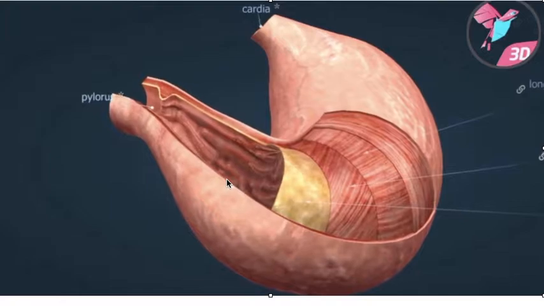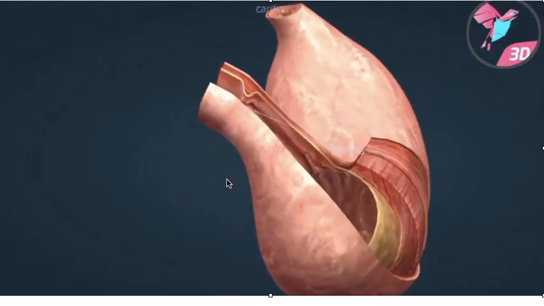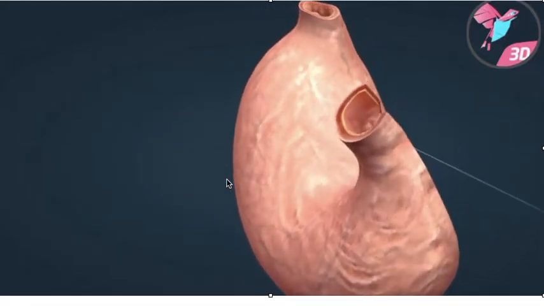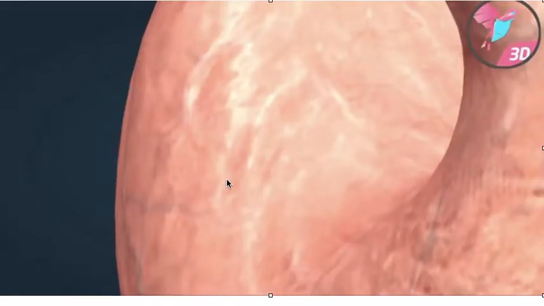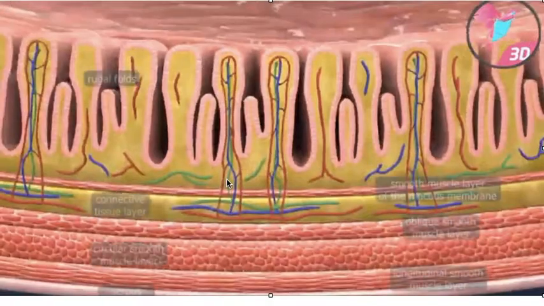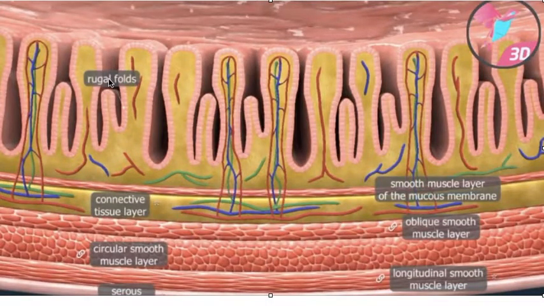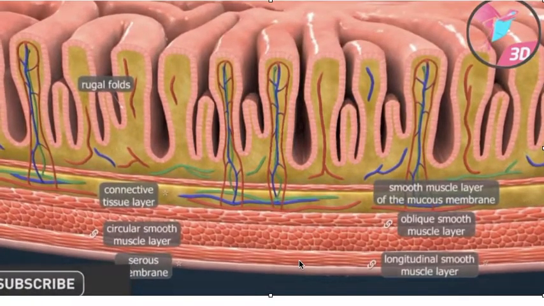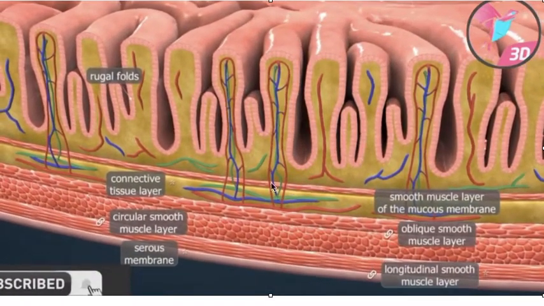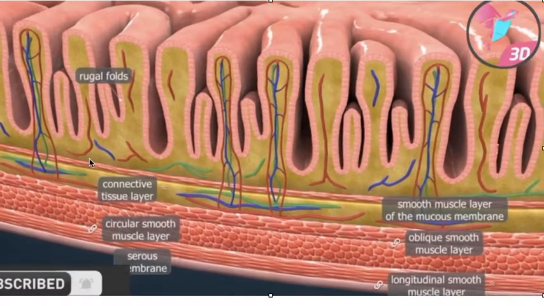This is the rugae. Here, so you can see the rugal folds. You can see the 3 layers: oblique, circular, longitudinal smooth muscularis externa. This is your submucosa. This is your mucosa, muscularis mucosae.